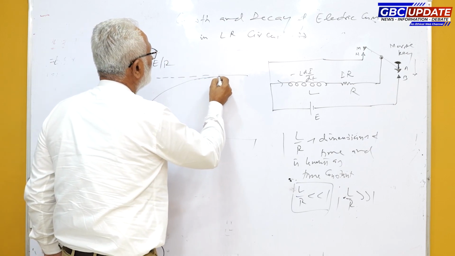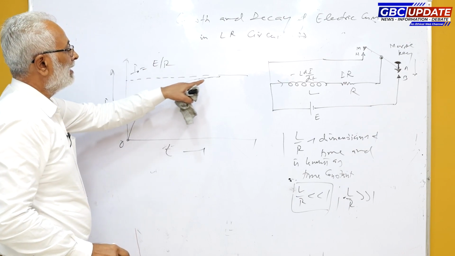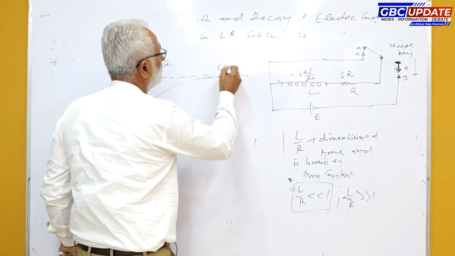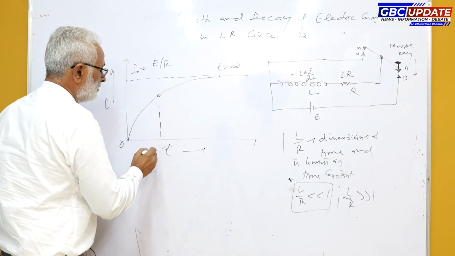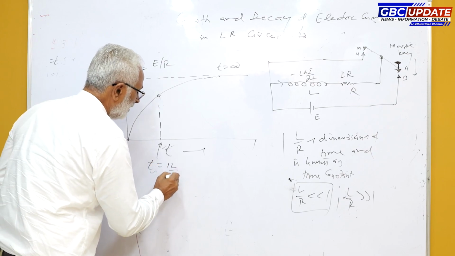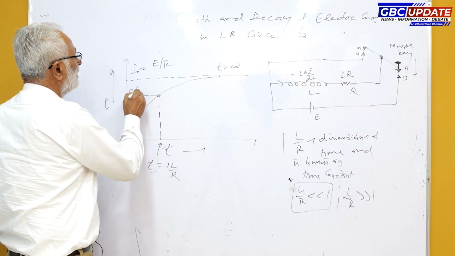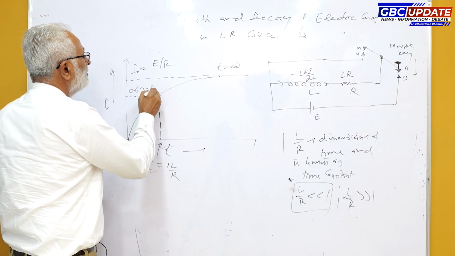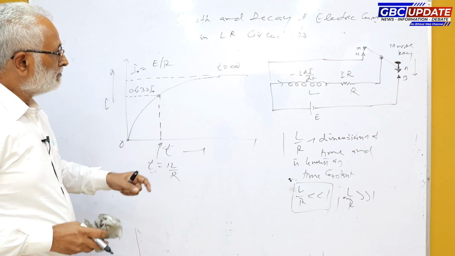And this curve meets the horizontal line after time t is equal to infinity, and after one time constant, say when time t is equal to 1 into L over R, electric current becomes equal to 0.63 times of its maximum value.